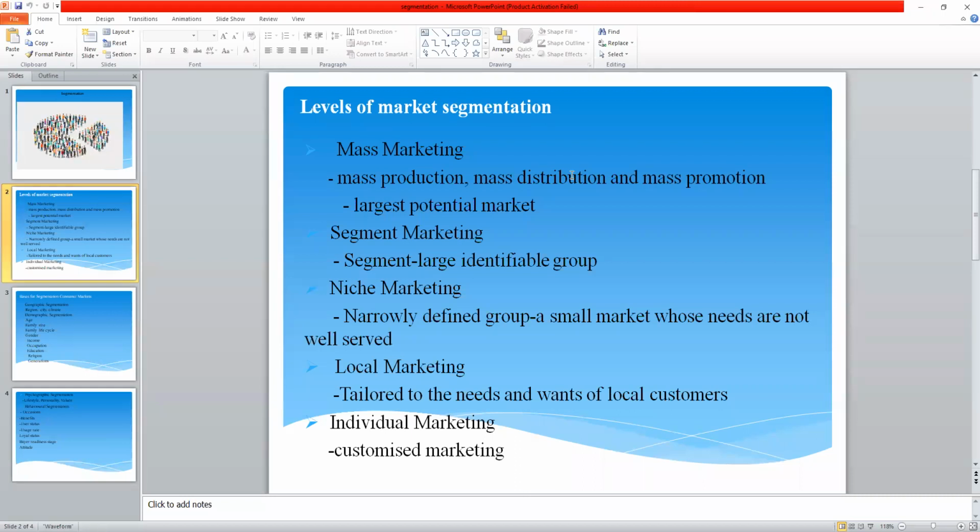There is no need for differentiation. And as far as promotion is considered, it becomes easy to push the products in the market in mass marketing, because the total mass is the target segment or target group of customers here.